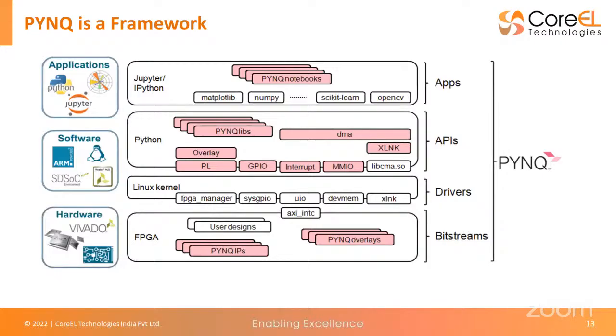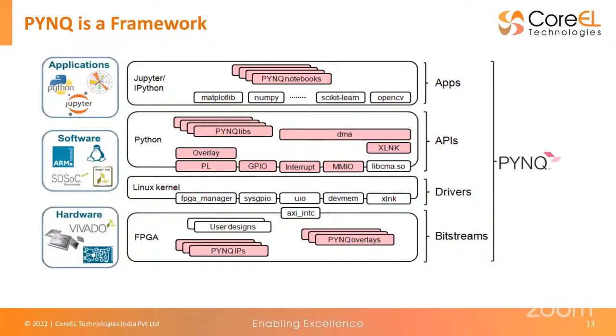Rather than bare metal dumping, we'll be using Linux kernels to hold the FPGA information, the system GPIOs, the Xilinx libraries. All of these can be contained within the drivers, right?